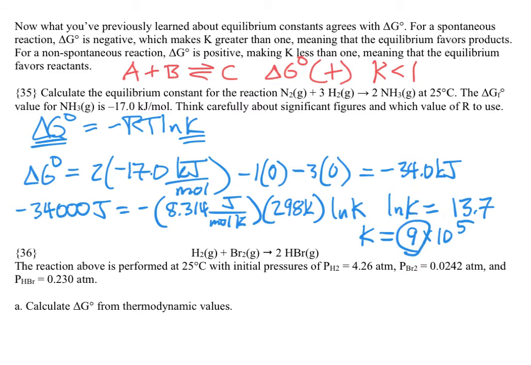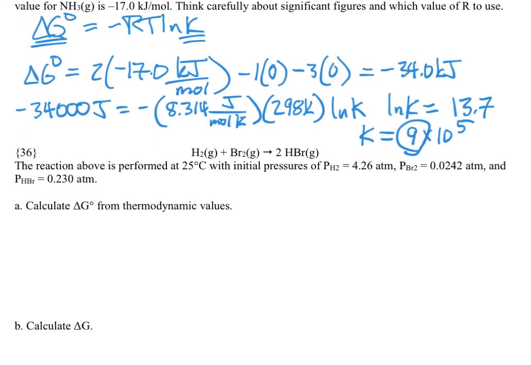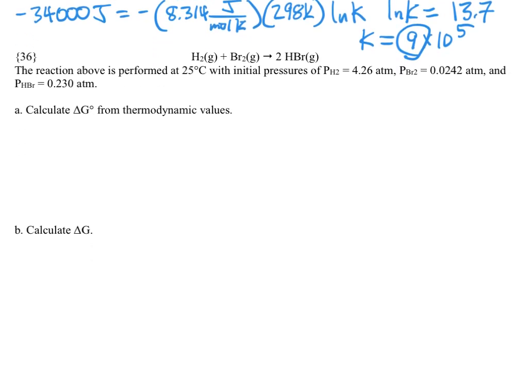Let's take a look at one more problem here. Let's look at number 36. In number 36, we're going to eventually calculate a delta G for this reaction, given that we are going to have non-standard pressures for the ingredients of the reaction.